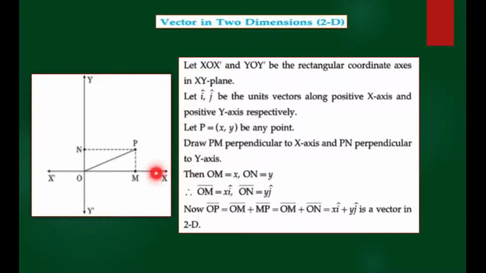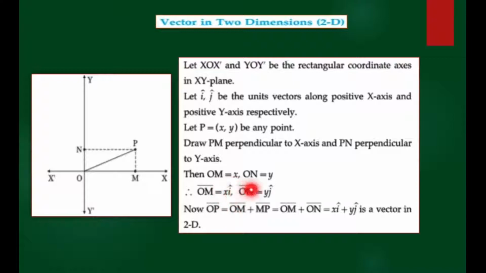Instead of PM we consider ON, which is parallel to it. So ON must be y, that is the distance on the y axis, and OM is the distance of point P on the x axis, that is x.